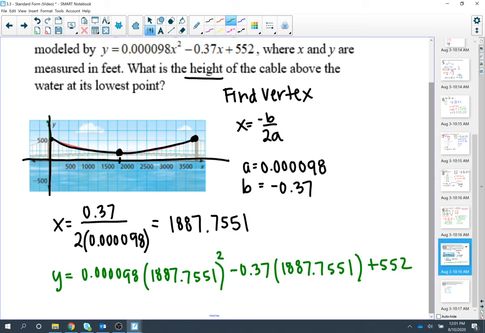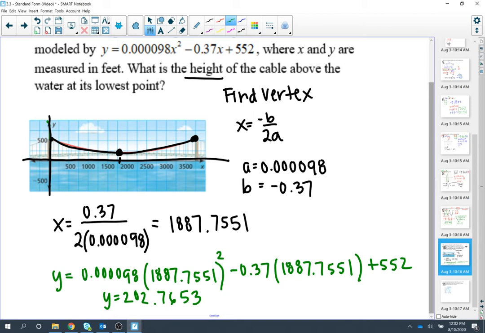So 0.000098 times 1887.7551 squared minus 0.37 times 1887.7551 plus 552, and I'm getting 202.763.